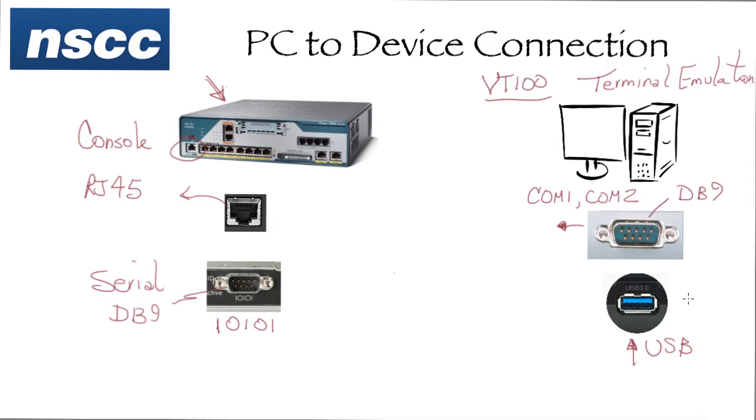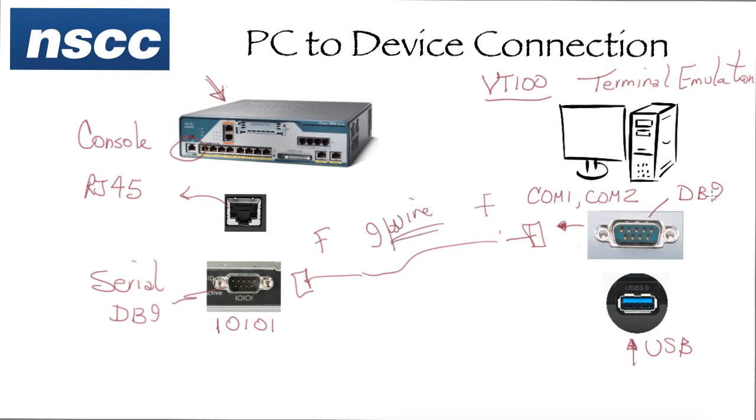So the question is, how do we make connections to our network device based on what we have from our PC? Well, if we have a serial on this end on our PC, and we have a serial on our network device, it's pretty easy to have a female to female 9-pin serial connector, or sorry, 9-wire serial cable.